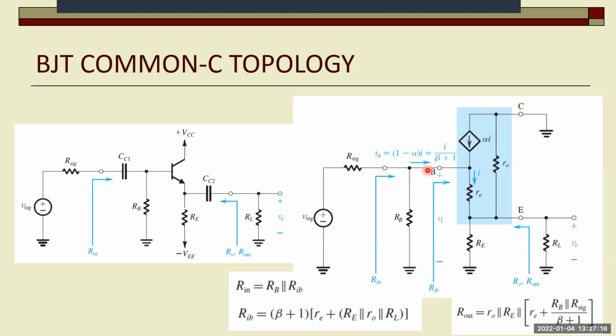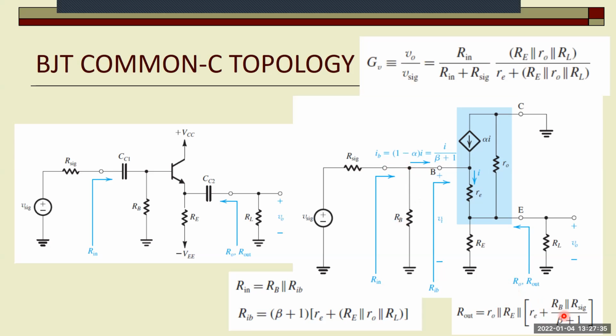Whatever is connected to the base is R sig in parallel with RB. Since the parallel equivalent of all these three is smaller than the smallest, the output resistance is very, very small.